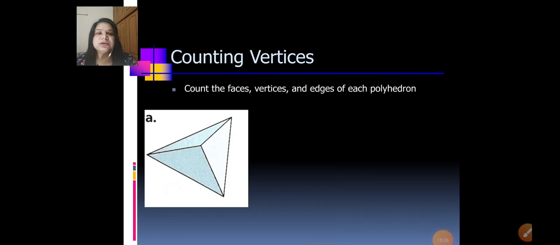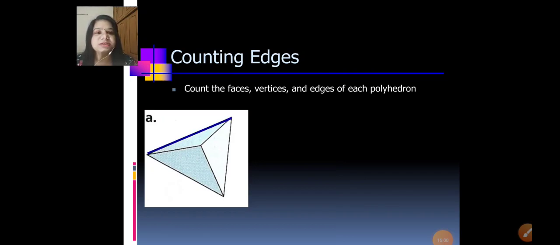Now let's count its vertices. Let's count the corners. How many corners does it have? I have marked them with pink color. There are 4 vertices. Now next we will count the edges.